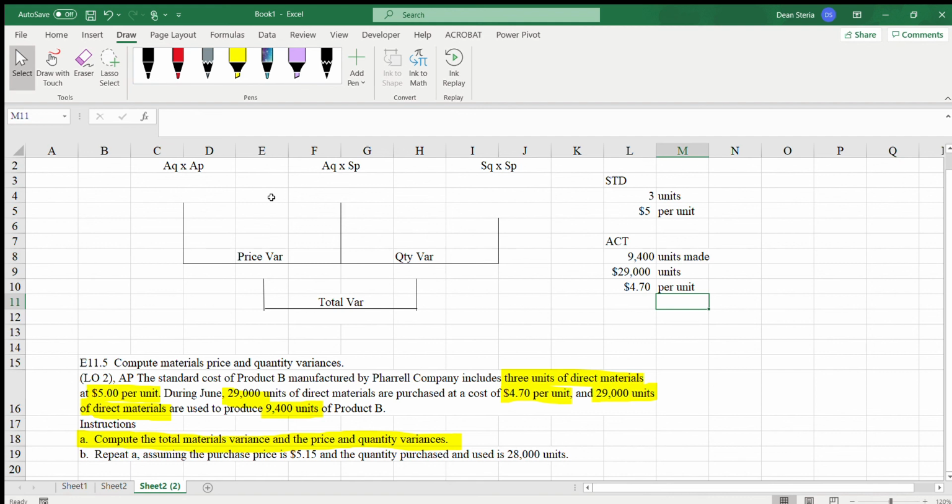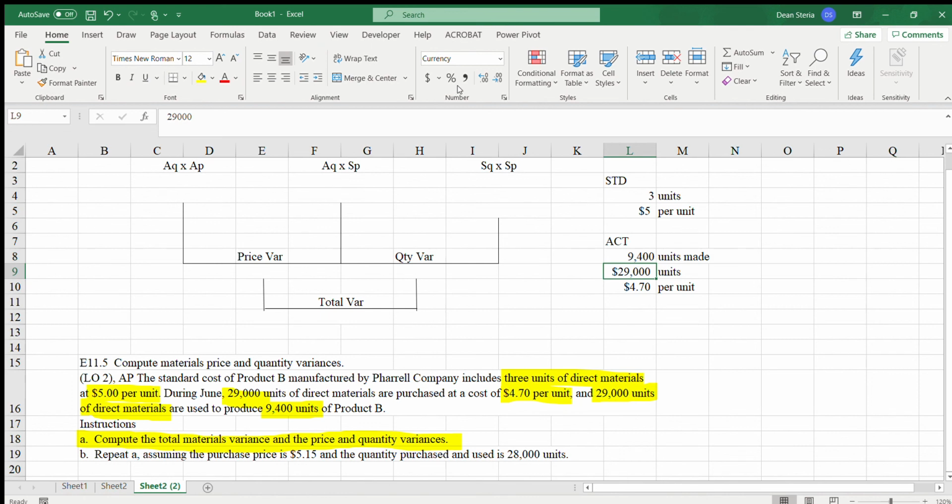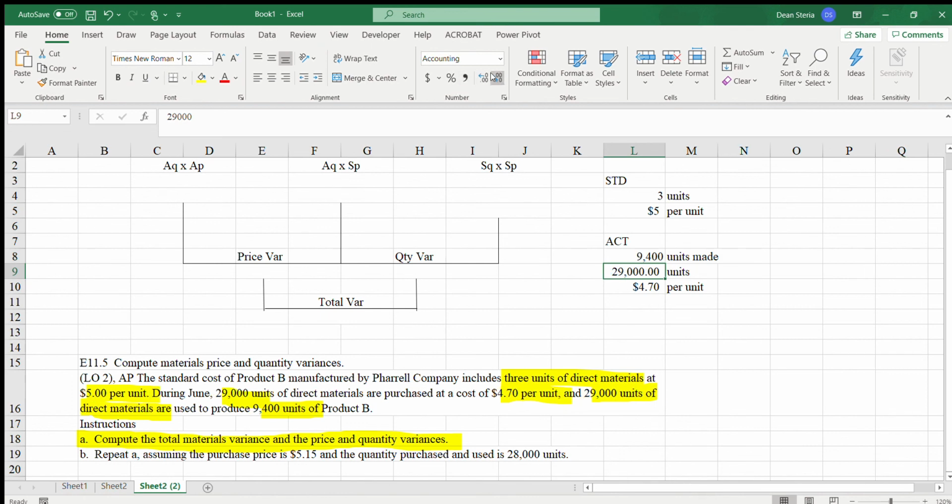Okay, so now we can go through and plug the information in here. Now here, they don't give us the total of what we paid. They give us our cost per unit. So for up here, we're just going to take my actual quantity, which, that's not supposed to be a dollar sign, just a comma.